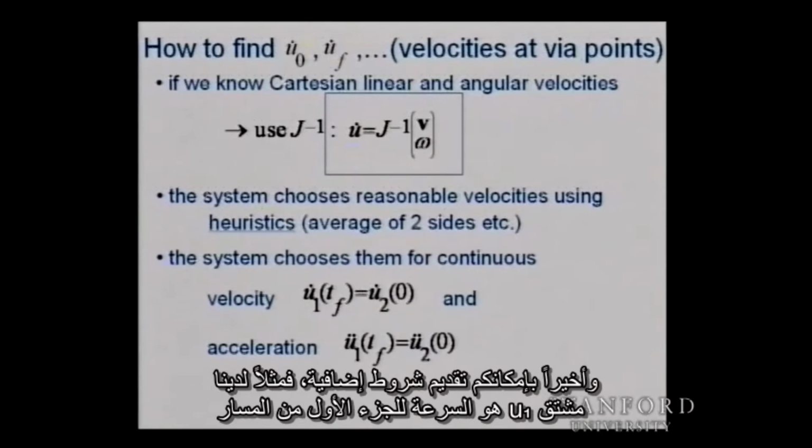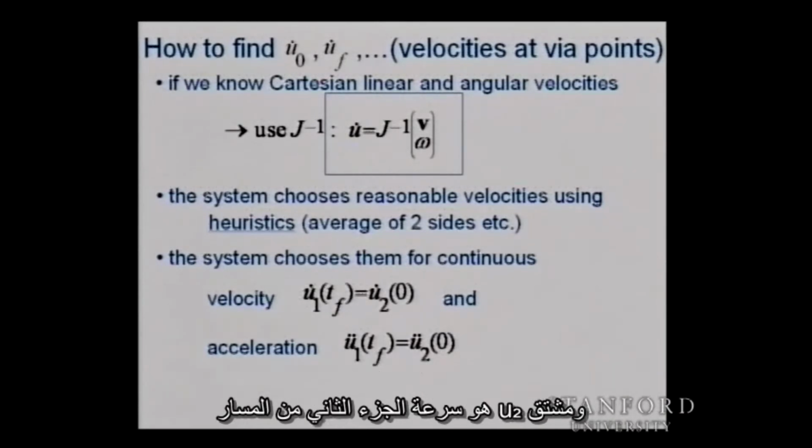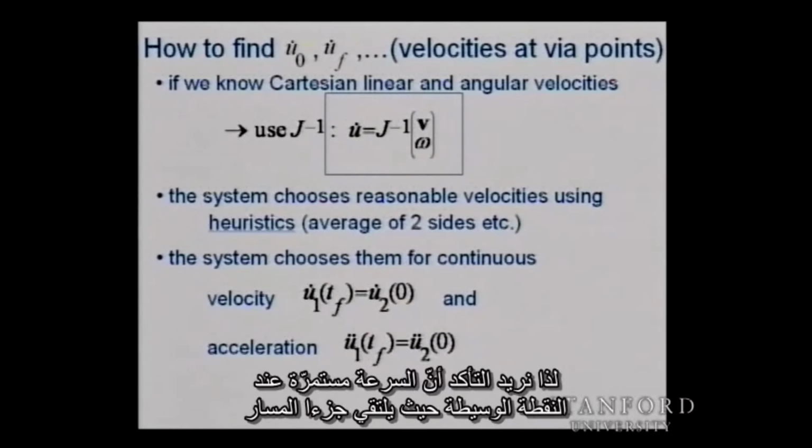And then finally, you can actually introduce additional constraints. So for example, u1 dot is the velocity for the first segment. U2 dot is the velocity for the second segment. So we want to make sure that at the via point where the two segments meet, we have continuous velocity.